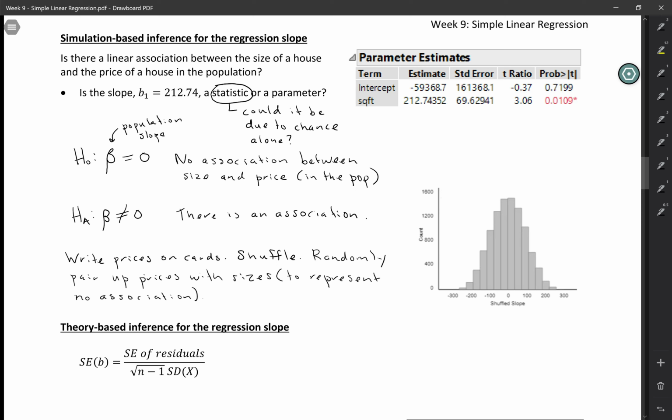Then we need to calculate something as a way to summarize the sample, and there's a couple different options for us. I'm going to go with the slope. I'm just going to calculate the slope for each sample, but you could also consider doing the correlation, r, or the r squared. Any of those would be appropriate ways to measure the strength of association in the simulated sample. And then we're going to repeat lots of times.